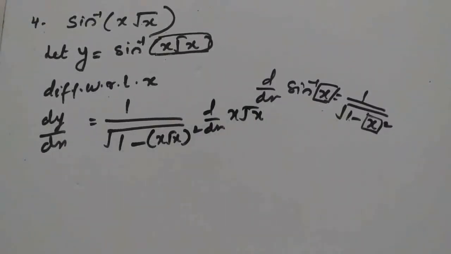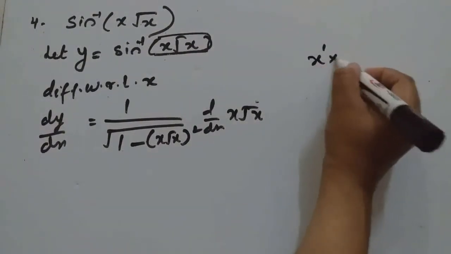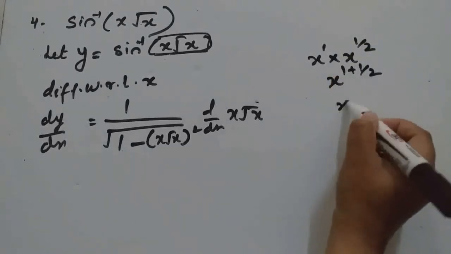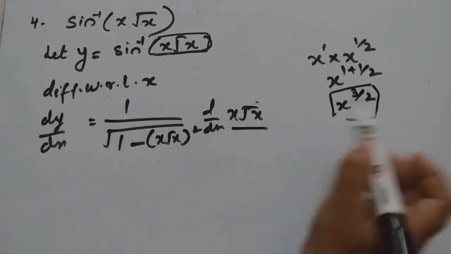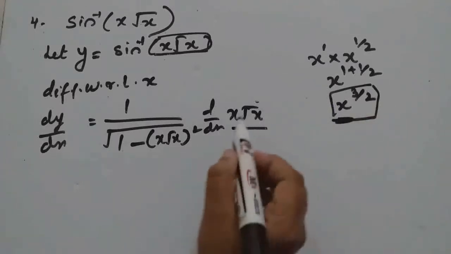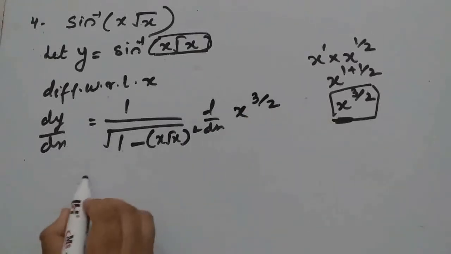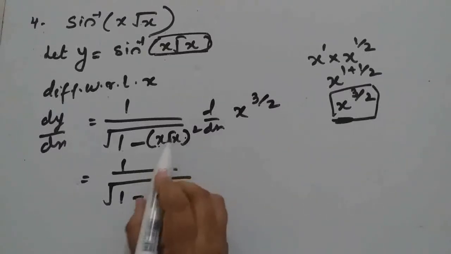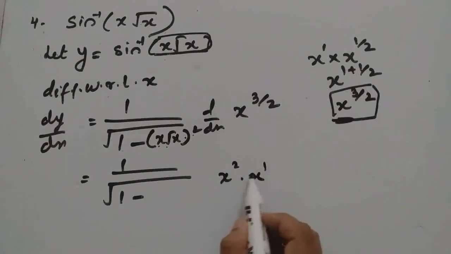See, what is x√x? x is power 1, √x means power half. Okay, so x is 1 plus half power, that is x^(3/2). So to find the derivative of this we can use the power formula, isn't it? So here this we can write as x^(3/2). Now here x is (x√x)², so x² into (√x)² means x only, so the total power will be cube, so x³ will come.